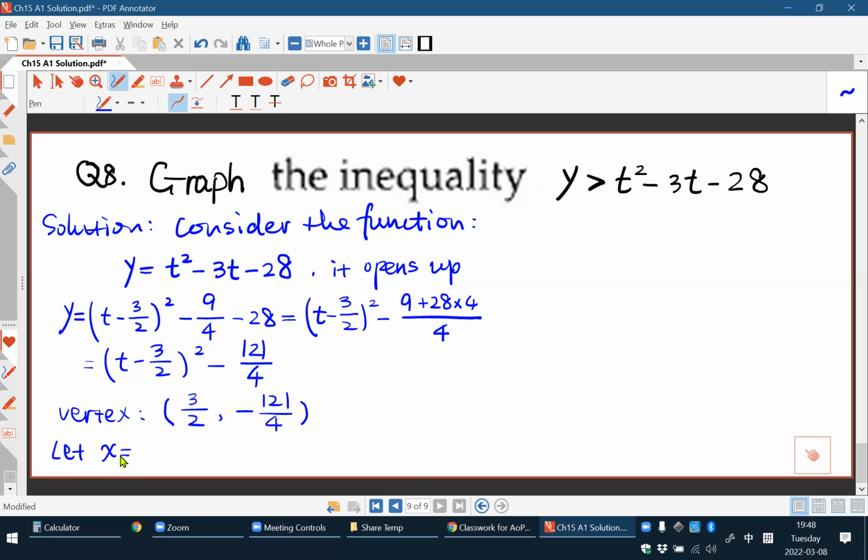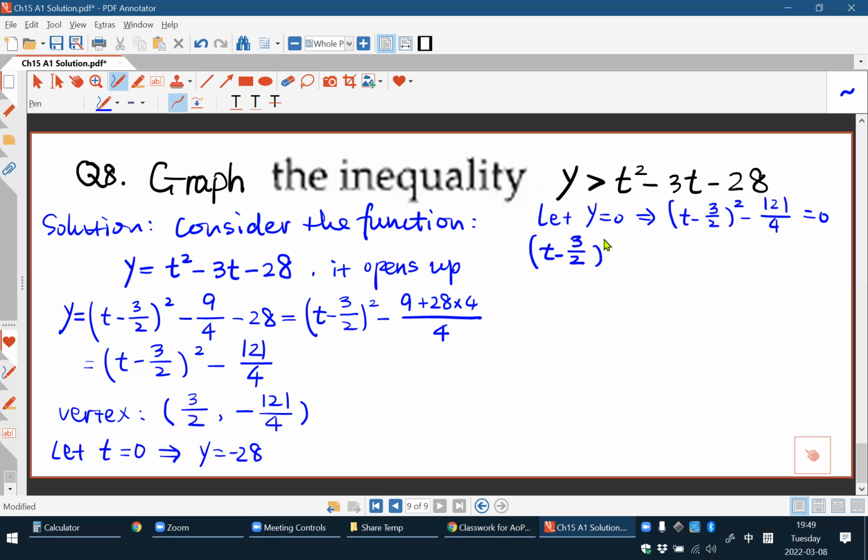And next, in order to better sketch it, usually you will find its y-intercept and x-intercept, right? So first of all, we let x be 0. Oh, sorry, t be 0, right? If we let t be 0, then y is negative 28. So the y-intercept is just 0, negative 28. Then we can let y be 0 to find its t, right? If y is 0, that means t minus 3/2 squared minus 121/4 is 0. Therefore, t minus 3/2 squared must be 121/4.